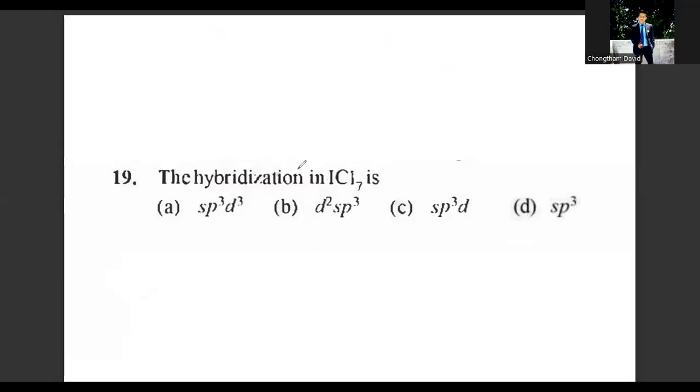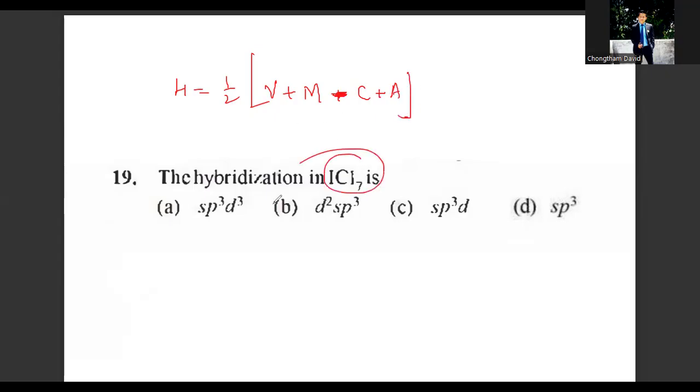This is an interhalogen compound, iodine heptachloride, ICl7. For the hybridization, use the formula I have given before: half of valence electrons plus monovalent atoms, minus the charge on the cation, plus the charge on the anion.